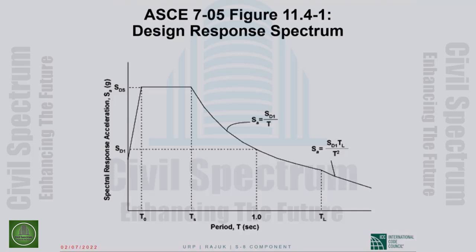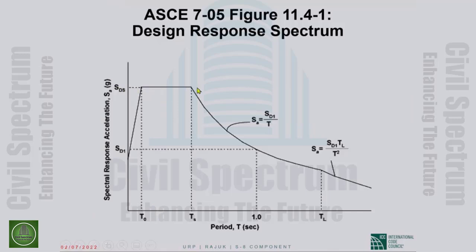The design spectrum of ASCE 7 is defined by a flat top, which in turn is defined by S sub DS. S sub DS is the ordinate to the design spectrum at a period of 0.2 seconds.